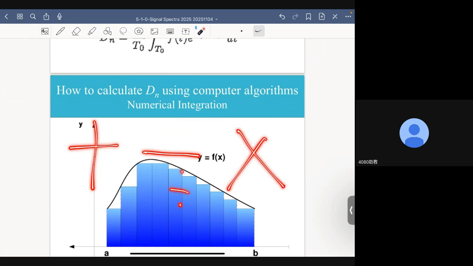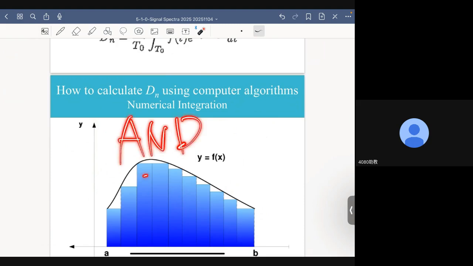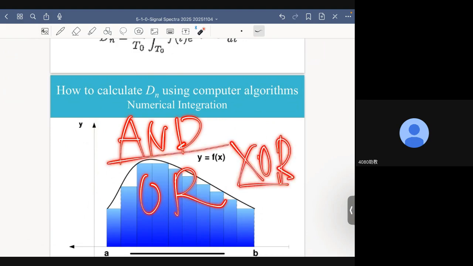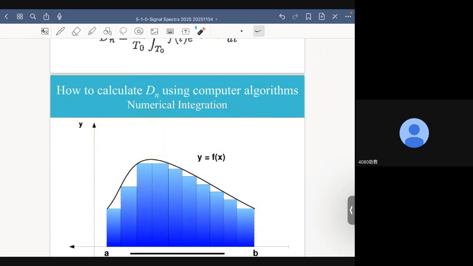The second thing an algorithm should be able to do is perform simple logic operations such as AND, OR, or XOR, and other logic operations. So algorithms are made of those operations.